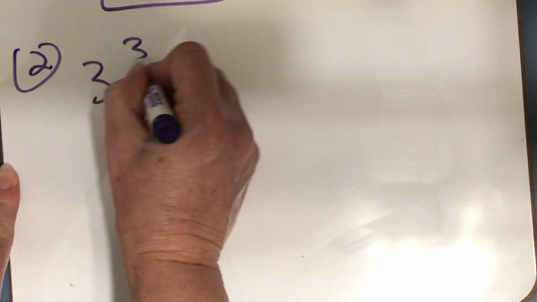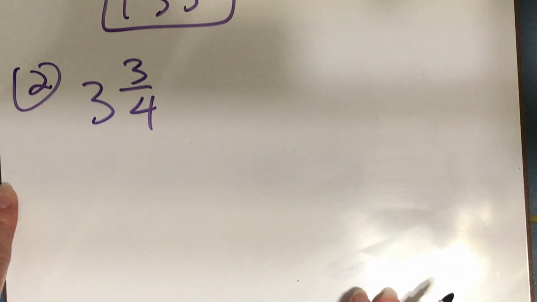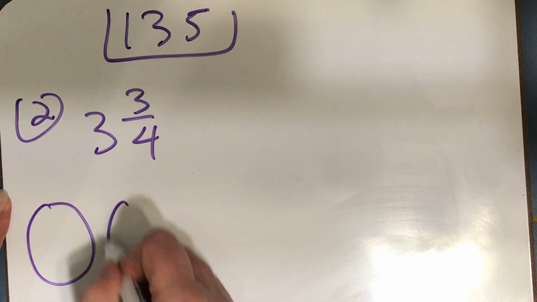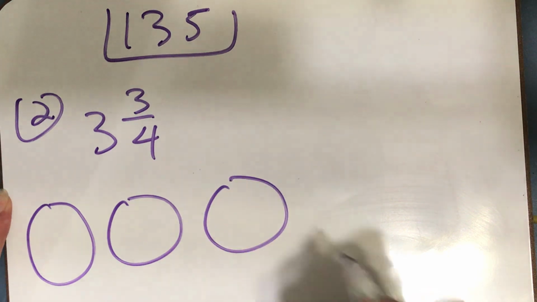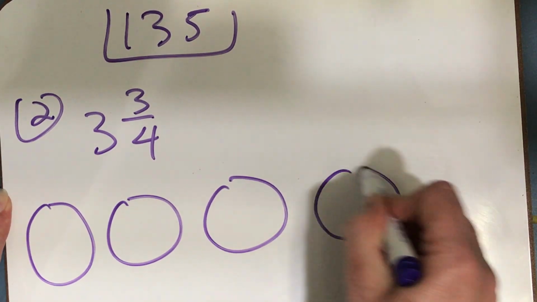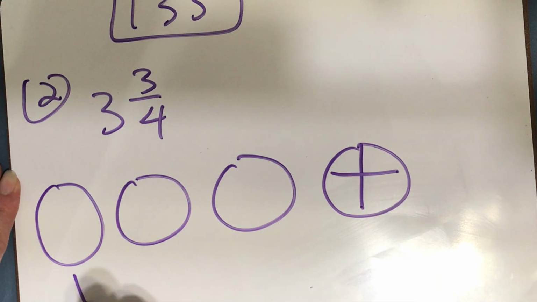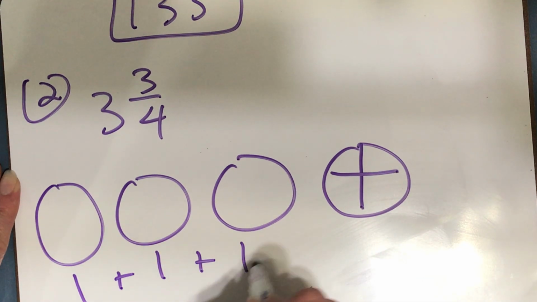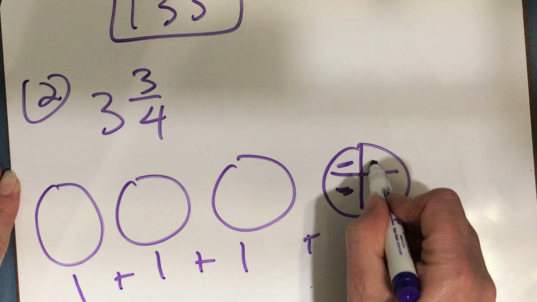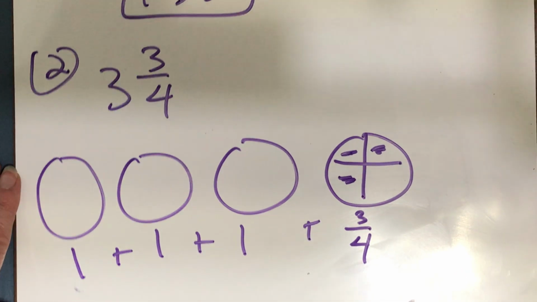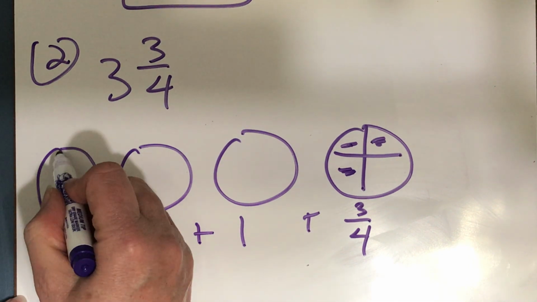All right, let's look at number 2. Number 2 is 3 3/4. I'm going to use circles this time because fourths are easy to do with circles. So 1, 2, 3. There are my 3 wholes. I'm going to draw one more circle for my 3/4, and shade in 3/4. Now I need to change my wholes to fourths.